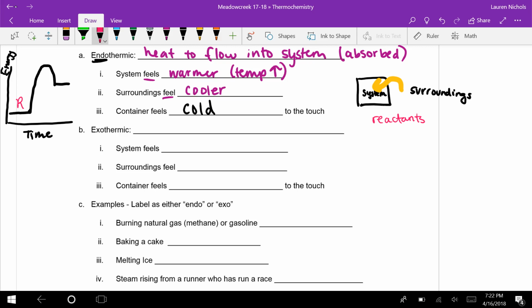And what happens is as you go on, you absorb some energy. Once you get to the top, that's called your activation energy, the amount of energy required to go from your reactants to the top of that hill, or the amount of energy to get a chemical reaction going. You release a little bit, and when you release those, you form the products.